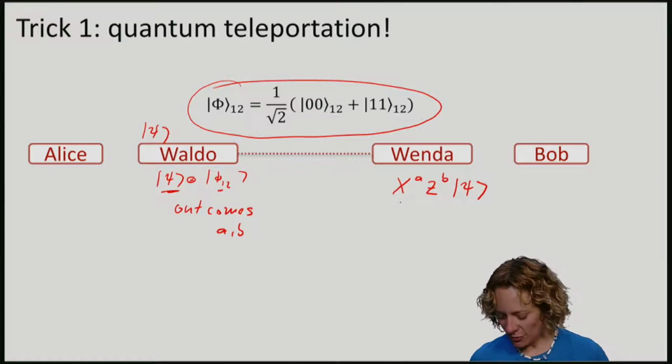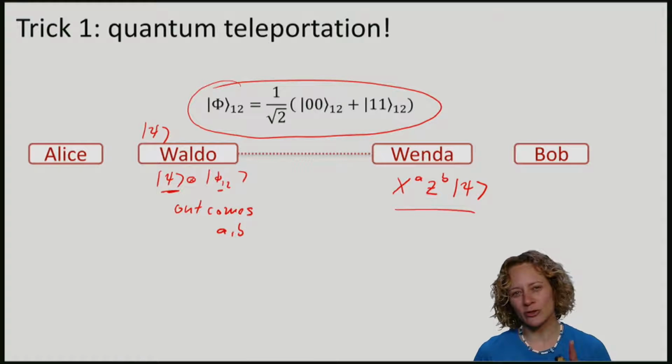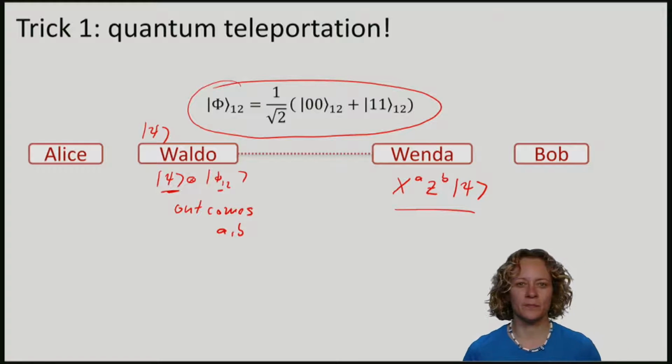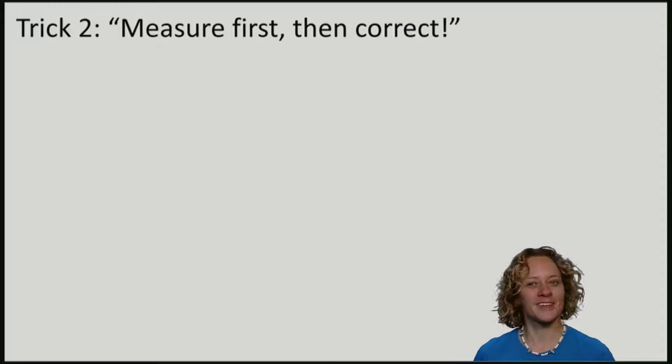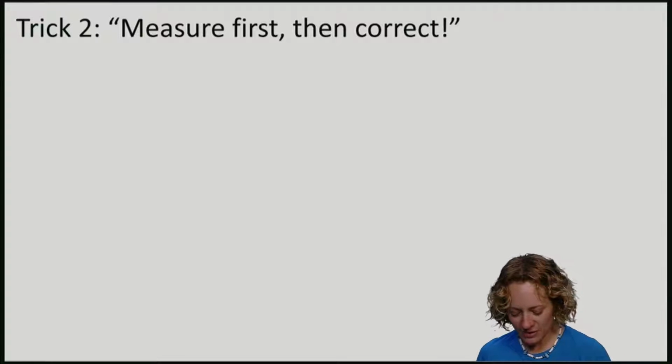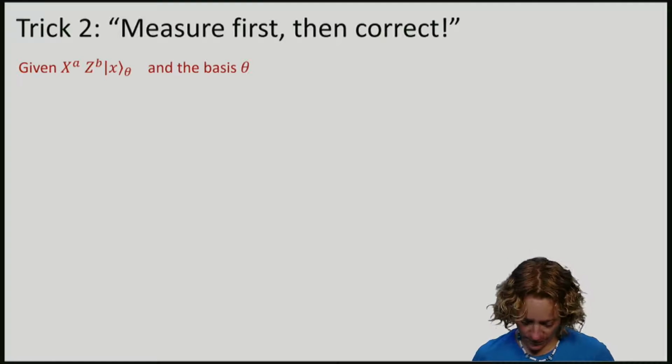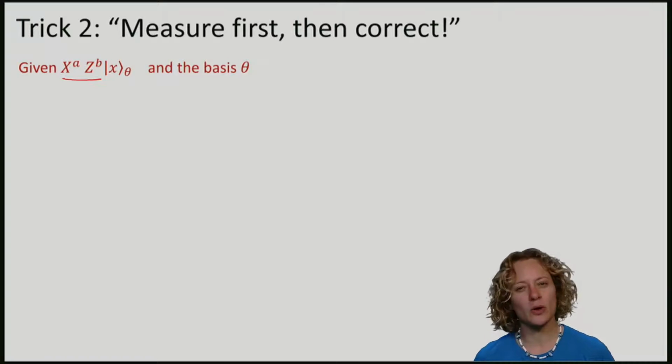This, the form of Wenda's state, brings us to the crucial trick number 2. Let me call this trick measure first, then correct. Suppose Wenda has X to the A, Z to the B, applied to one of the BB84 states.